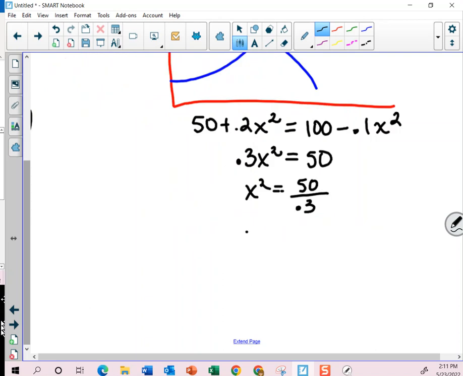A calculator definitely is helpful for this, because if we're going to take the square root of 50 divided by 0.3, that is not something we can estimate super easily. So it's about 12.91.